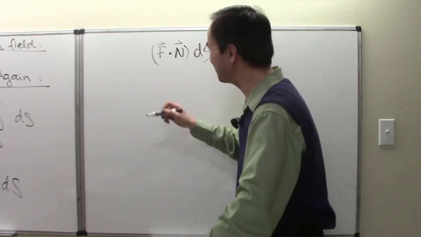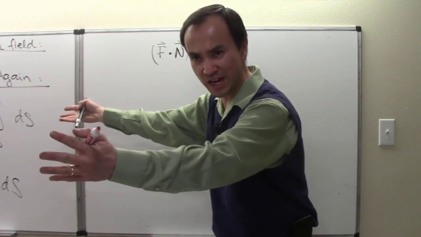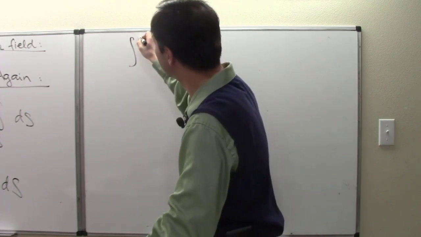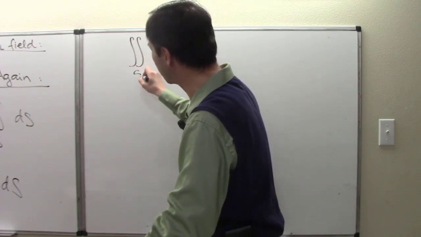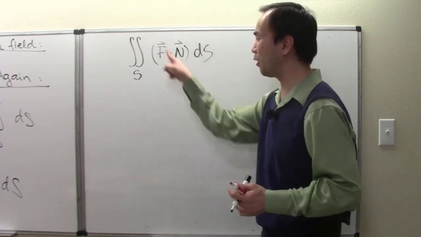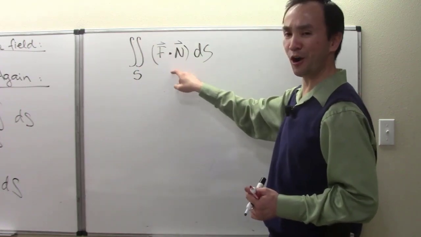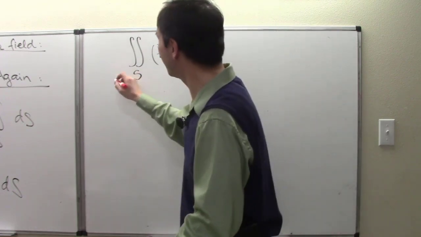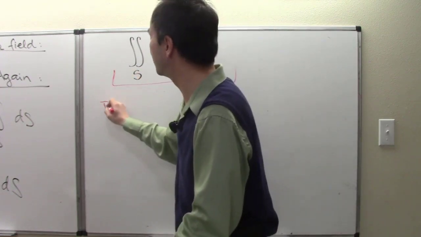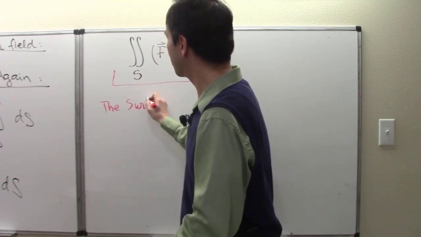But now we have infinitely many of those dS, so we take a double integral, or a double accumulation, over the entire surface S. All right, ladies and gentlemen, we call this setup the surface integral.